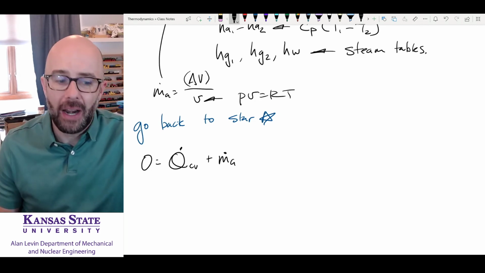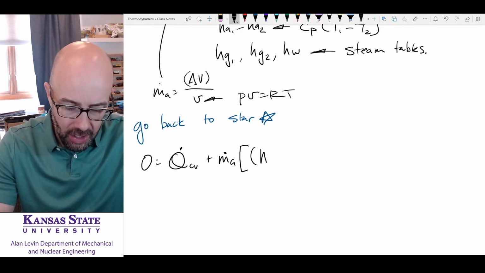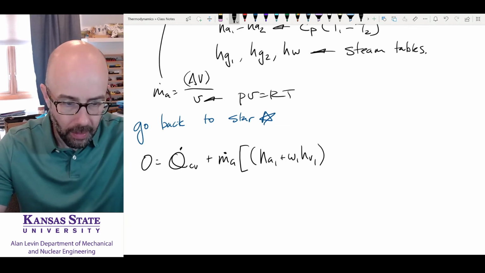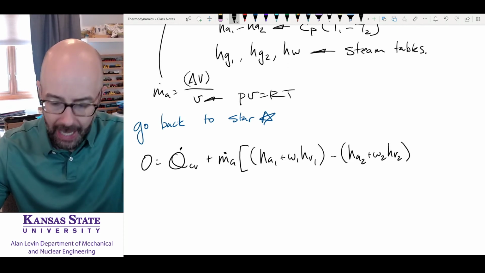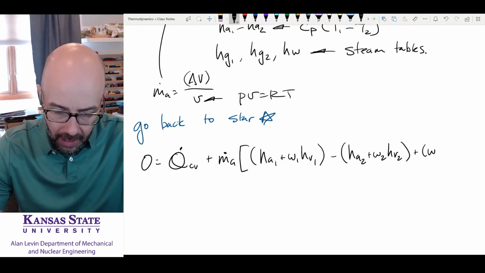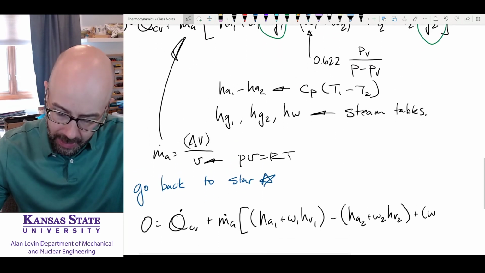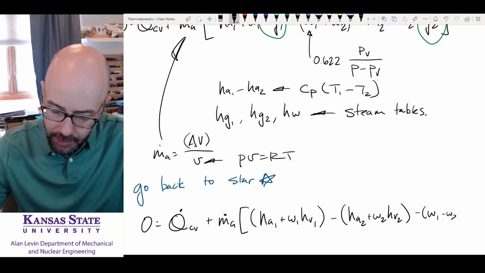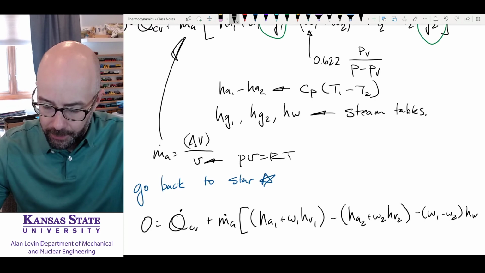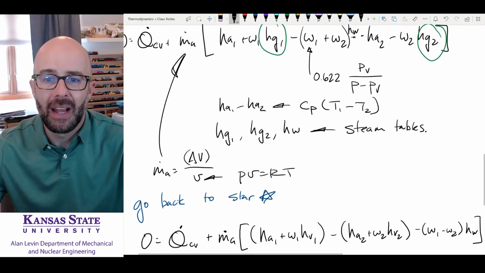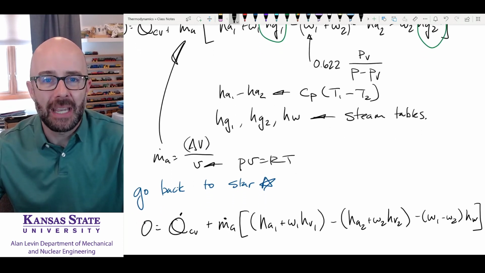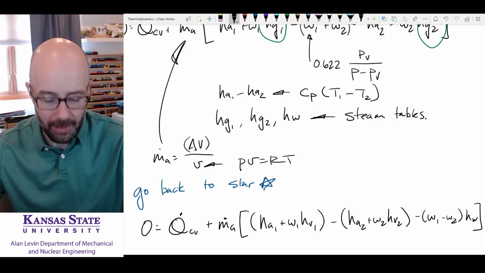We're still going to take the mass flow rate of the air out, and we get the following: HA1 plus omega 1 HV1, minus HA2 plus omega 2 times HV2. And then plus, it was minus, omega 1 minus omega 2 times HW. Okay, that's what we have, which is very similar to what we had up here. We're not using our HG, meaning we're not looking things up in the steam tables.